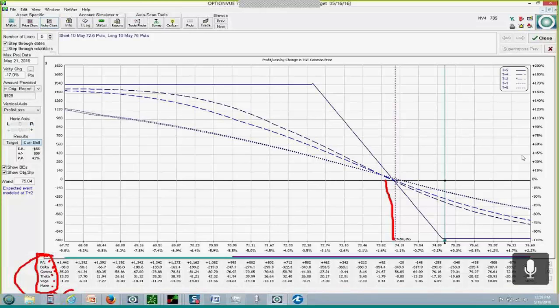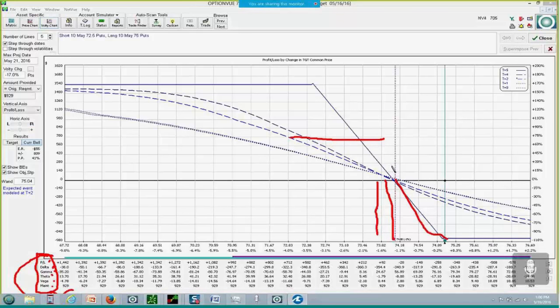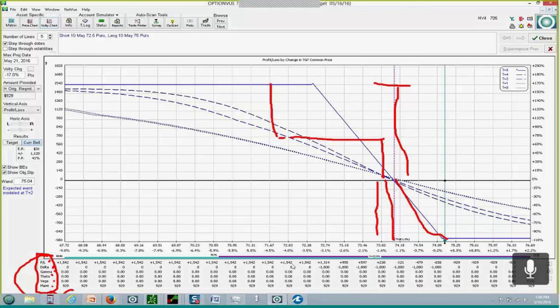And so right there, you can see that we're going to be risking this much money, if in case I'm really, really wrong, to make this much money. And that's in 2 days. However, if I'm right, and if I wait until expiration, I could be making this much money. And by clicking on this, at expiration, I would be making about $1,500.